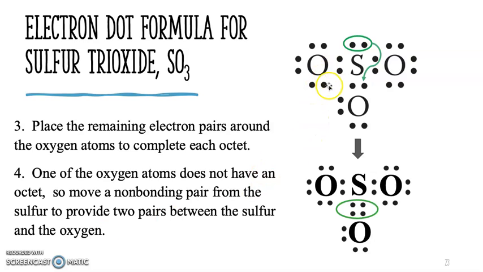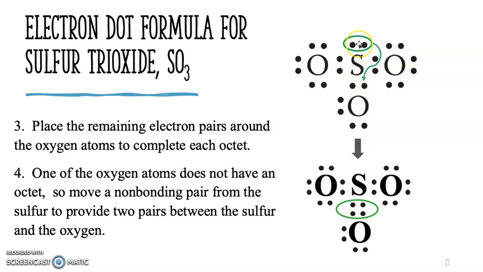So I'll put here 1, 2, 3, 4, 5, 6, 7, 8. After I fill in the electron pairs around the oxygens, I realize the last one only has 6 electrons and not 8.